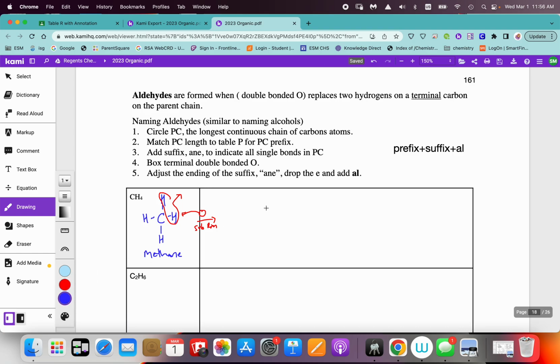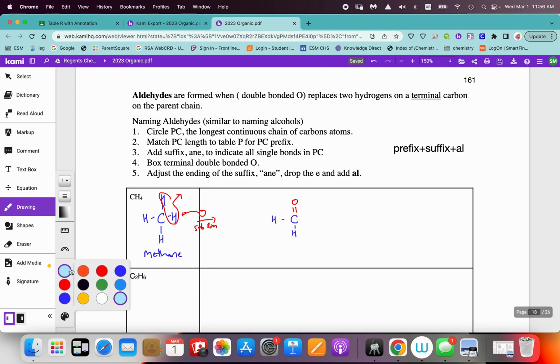So what we end up having here is our carbon. It still has 2 of its original hydrogens still present, because every carbon needs 4 bonds. But then also bonded to it now is that double bonded oxygen.